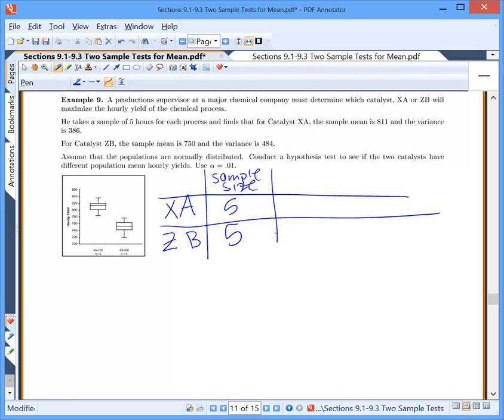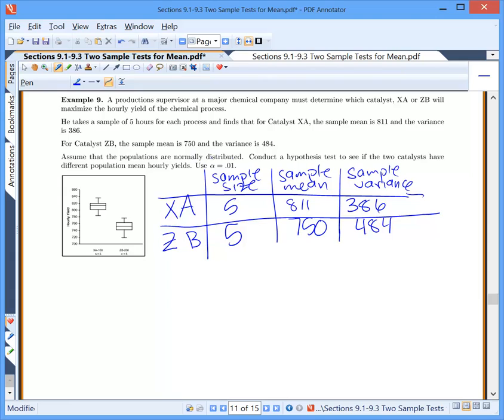Then for XA, the sample mean is 811, and for ZB it's 750. And we also have sample variance. The variance is 386 for XA, and for ZB the variance is 484.